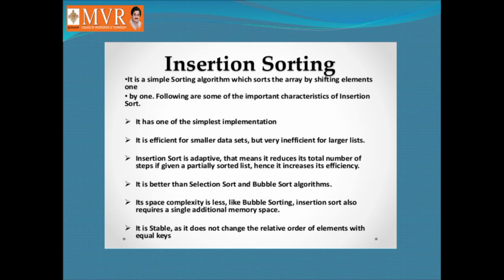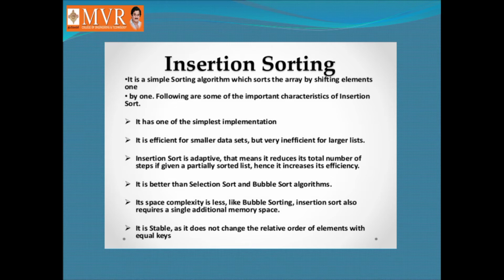Insertion sort is adaptive. That means it reduces the total number of steps if given a particular sorted list. Hence, it increases its efficiency. When the data is small or the elements to be sorted are a little bit sorted, then this algorithm works well and its efficiency is good.